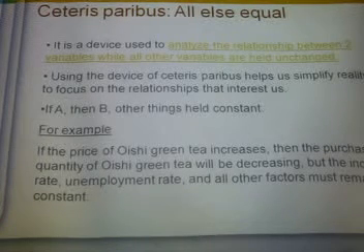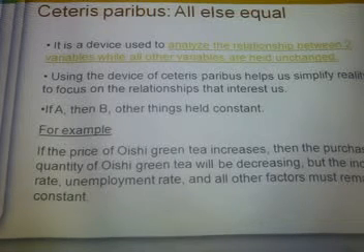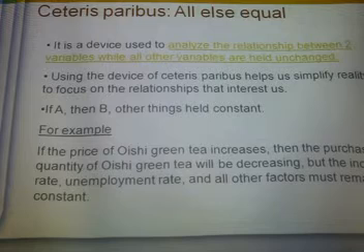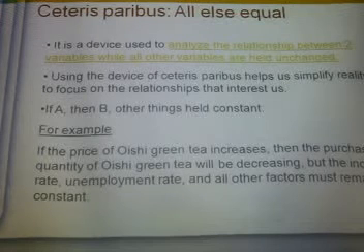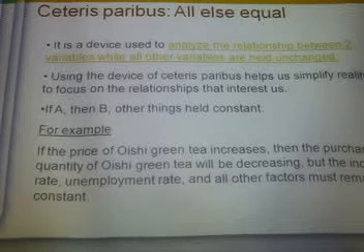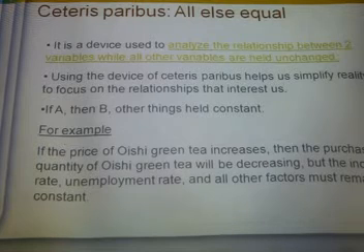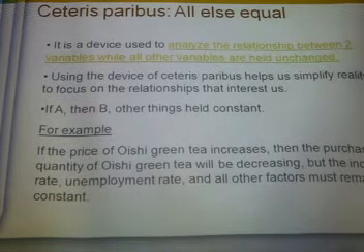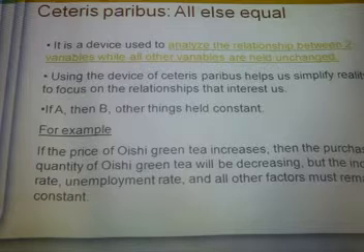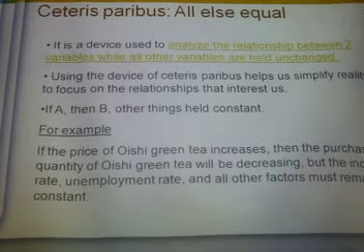Ceteris paribus means all else equal. It is a device used to analyze the relationship between two variables while all other variables are held unchanged. Using ceteris paribus helps us simplify reality to focus on the relationships that interest us.